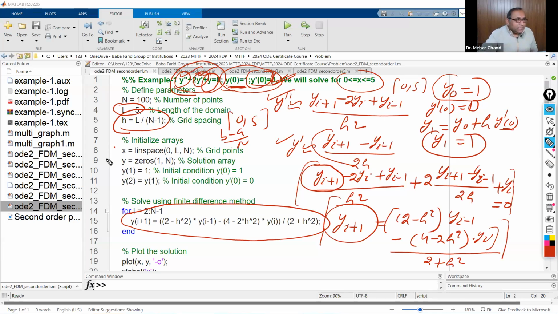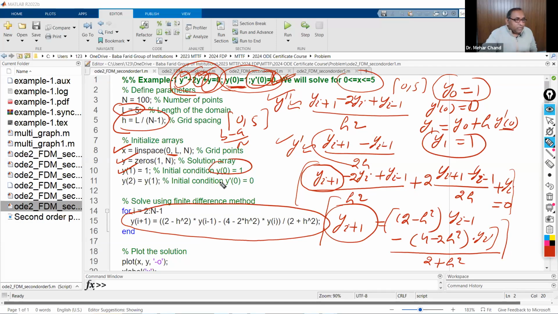After that, we need x linspace, from 0 to L with N points. Then y will be equal to zeros(1, N). Now we want to apply the boundary conditions. This is the first boundary condition, the meaning of which is y0 is equal to 1.